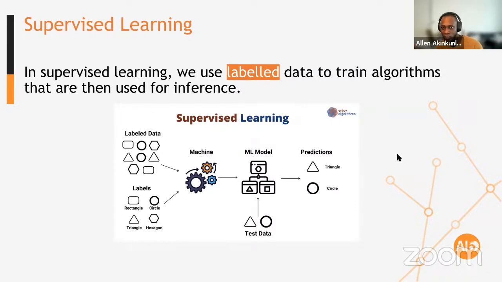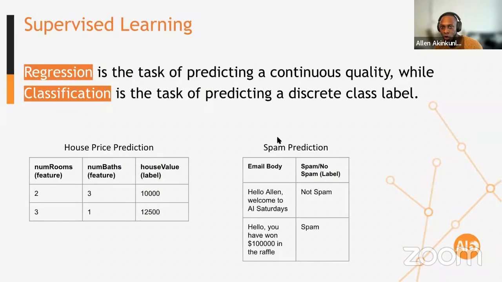The second one is supervised learning still. Supervised learning is now split into two types: regression and classification. So regression and classification are two types of supervised learning, and the difference is in the label, really.